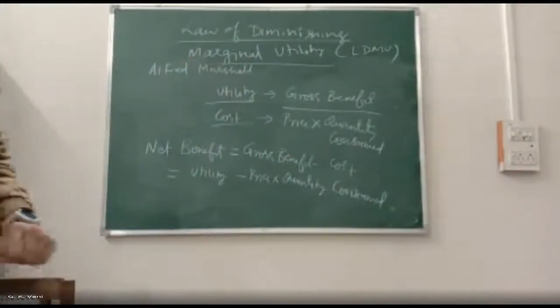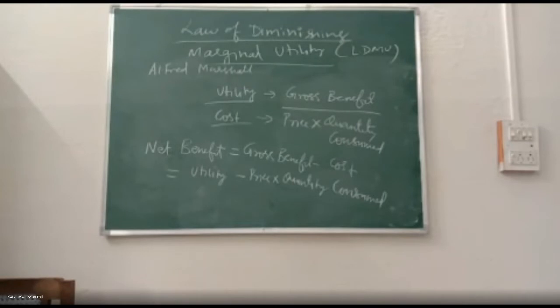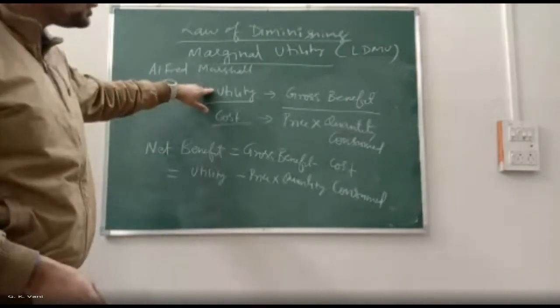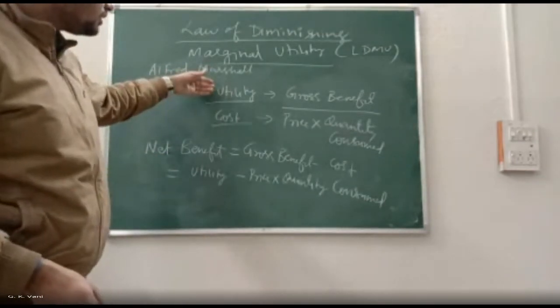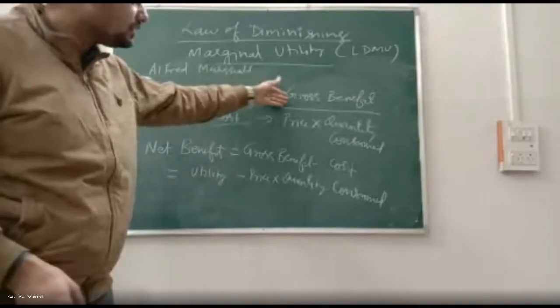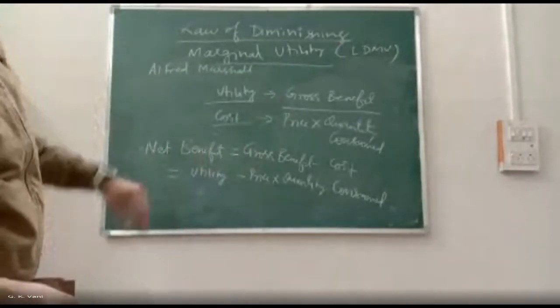Right? If there is any doubt, let me know. Any doubt? Any doubt in this? Why are we consuming a commodity? Because it gives utility, and that utility represents the gross benefit to us.